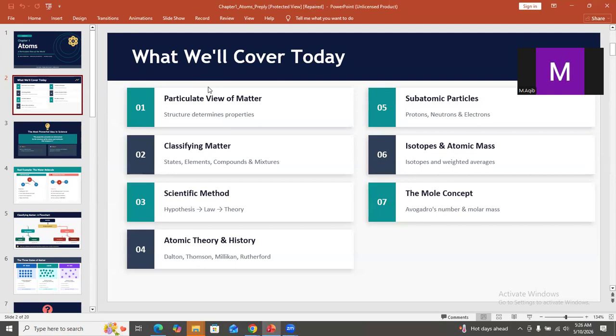And once they discovered the atom, they slowly and gradually modified their theories. Many scientists contributed to these atomic theories. First of all, there comes Democritus, and then comes Dalton, and after that comes J.J. Thomson, and their different experiments. We're going to study that.